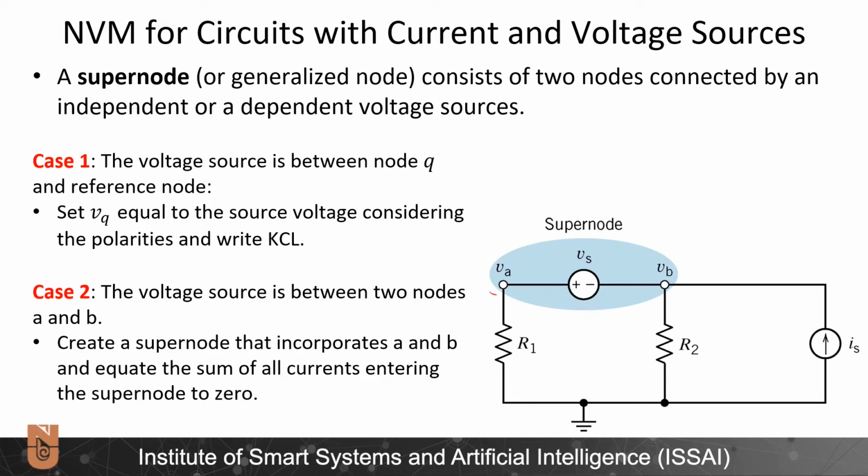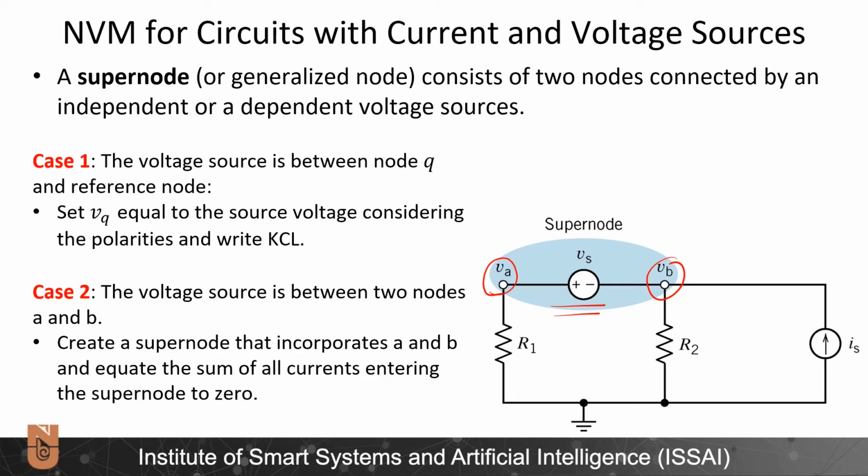In the second case, which is much more common, we have the voltage source between two nodes. For instance, here I have the node A and node B, and I have the voltage source Vs between these two nodes. In this case, we create a supernode that incorporates both nodes A and B and equate the sum of all currents entering the supernode to 0. You might have noticed that here we are losing one equation and we have missing information to solve the question.